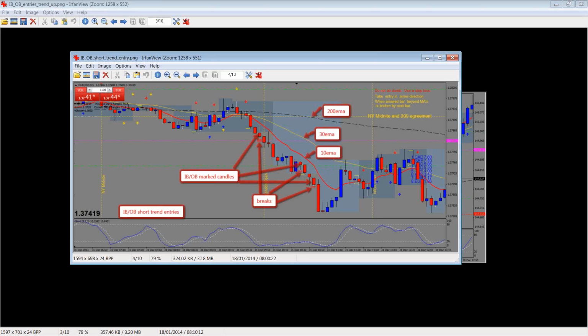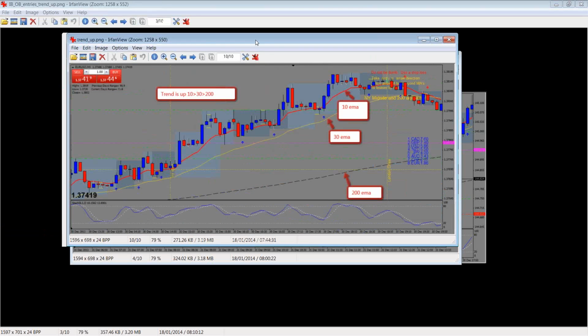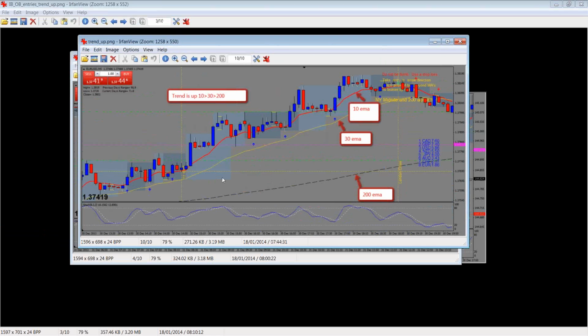When we're looking at our trend up indicator, we're looking for signals off of our indicator. Basically we get a signal here in an upward trend where the candle has come down below the 10, closed below the 10, and then closed above the 30.